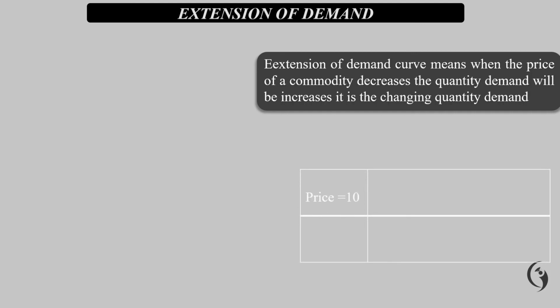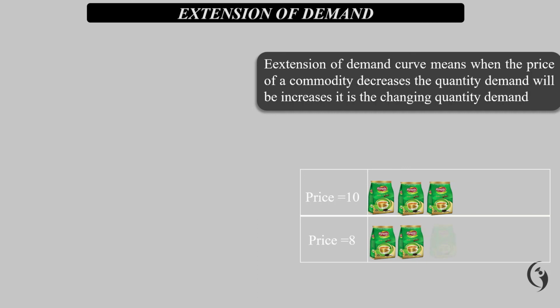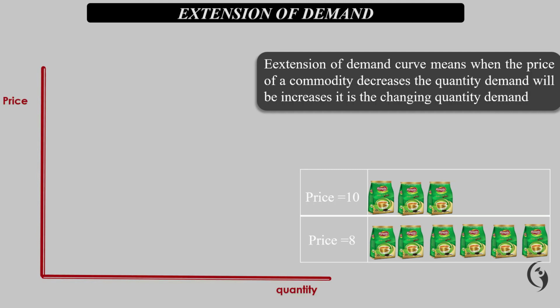For example, if the price of a commodity is 10, the quantity demanded is 3. When the price goes down to 8, the quantity demanded increases from 3 to 6. It is called extension of demand. That can be shown by the graph here. The price is on the y-axis and the quantity is on the x-axis.